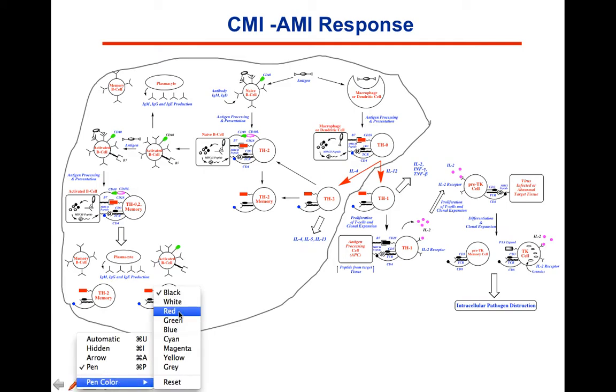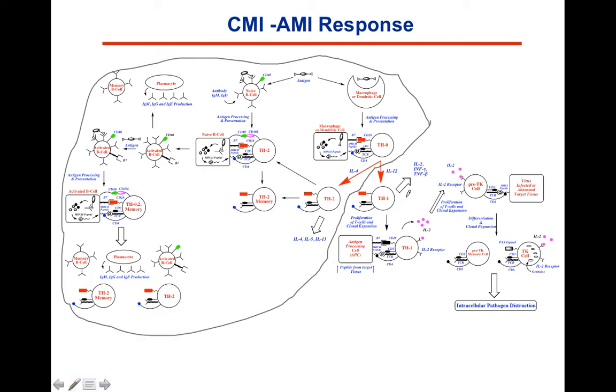And then remember, here's the Th1 cells, and this part here is involved in the CMI, or cell-mediated immunity for intracellular pathogens. So this is AMI over here, and CMI is over here.